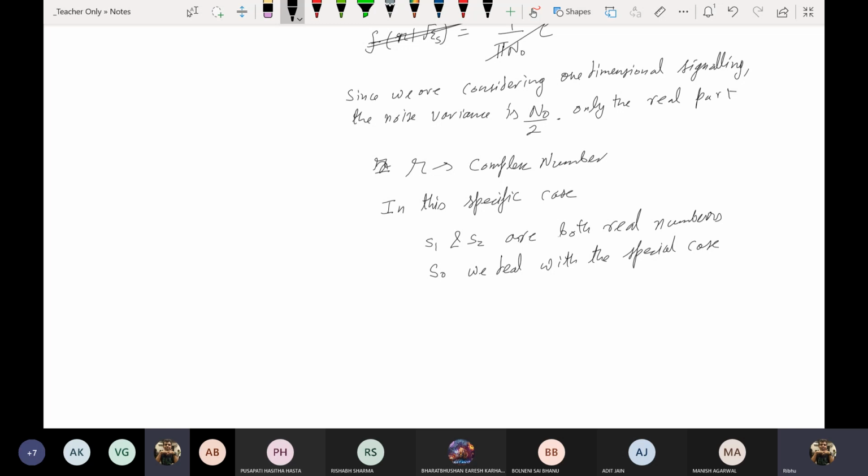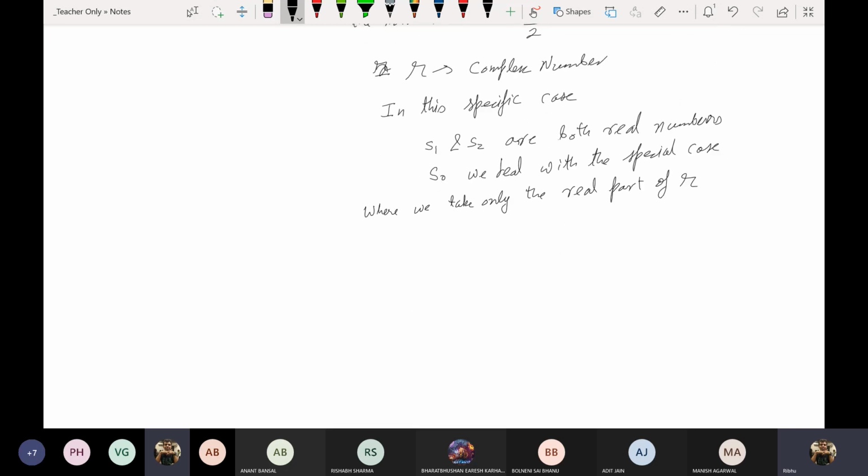So we deal with the special case where we take only the real part of R. Say we define R prime as R equals S plus the noise.